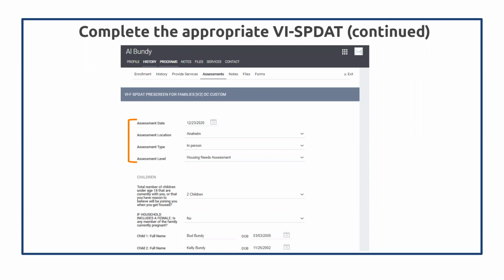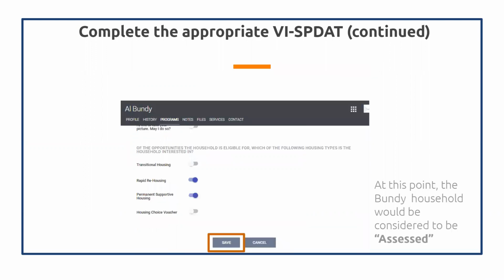That can either be in person or by phone or virtually, and the assessment level, which should always be housing needs assessment. Okay, then I will continue to answer all the questions of the assessment, and at the very end, I would click on save. Okay, so after I complete the VSPDAT for Mr. Bundy, at this point in my example, the Bundy household is considered to be assessed.